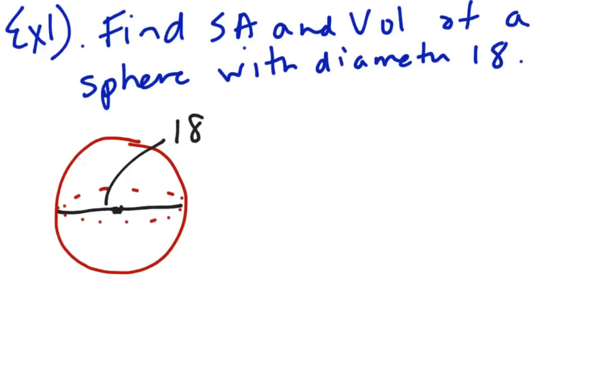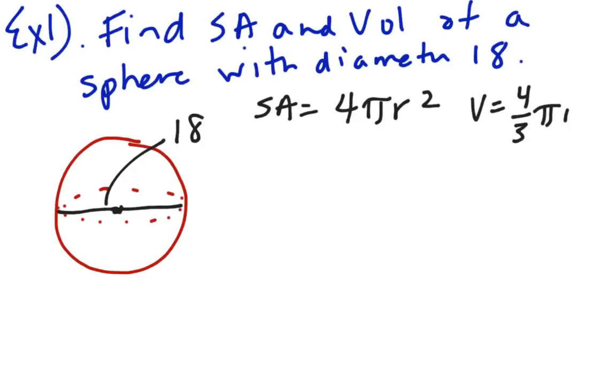And then remember, my surface area formula is going to be 4 pi r squared. And my volume formula is going to be 4/3 pi r cubed. So let's see if I've got all my pieces. My r is going to be half of my diameter, so r is equal to 9. So don't forget to split your diameter in half to get radius. And now I think I've got everything I need to plug this in and solve.